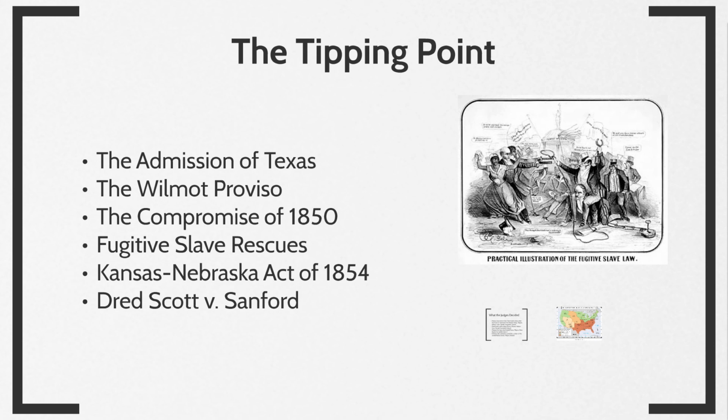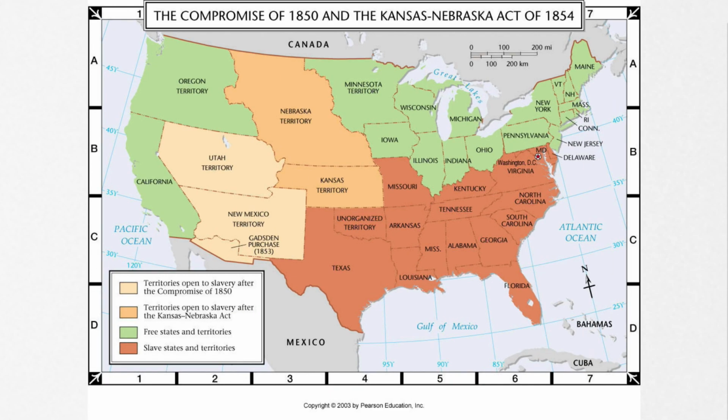Now, things would then calm down. 1852 and 1853 saw a quieting of the slave issue. It appeared that the work of the Compromise of 1850 had done its job. And things would remain quiet until January of 1854, and then Stephen Douglas emerges. Stephen Douglas, at that point, reports a bill out of his Committee on Territories in the Senate, and the bill would organize the Kansas and Nebraska Territory.